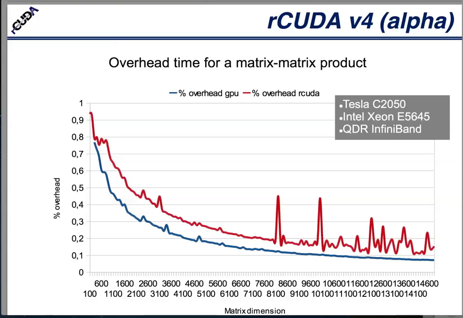Here we have the overhead introduced in the total execution by the data transfers to the GPU. With rCUDA we have a little more overhead because the GPU is far away and we have to traverse the network, but the difference is almost negligible for large enough problems.